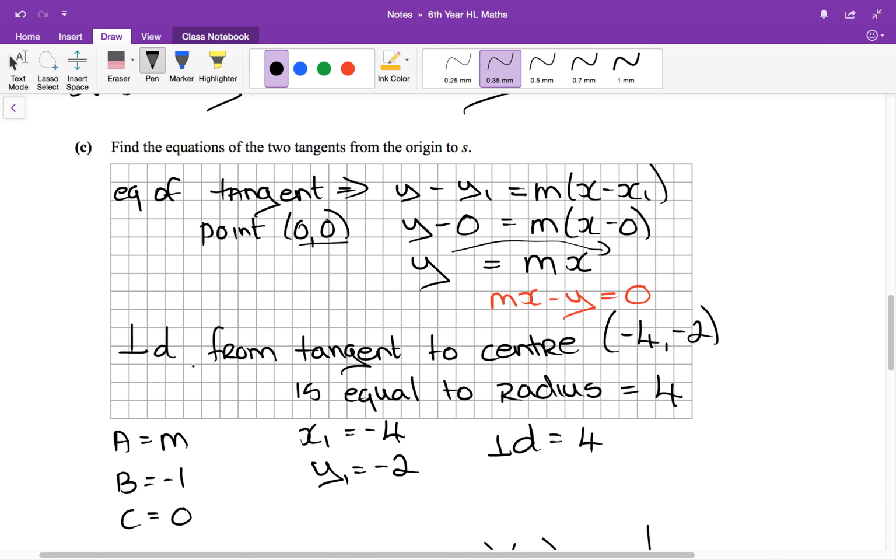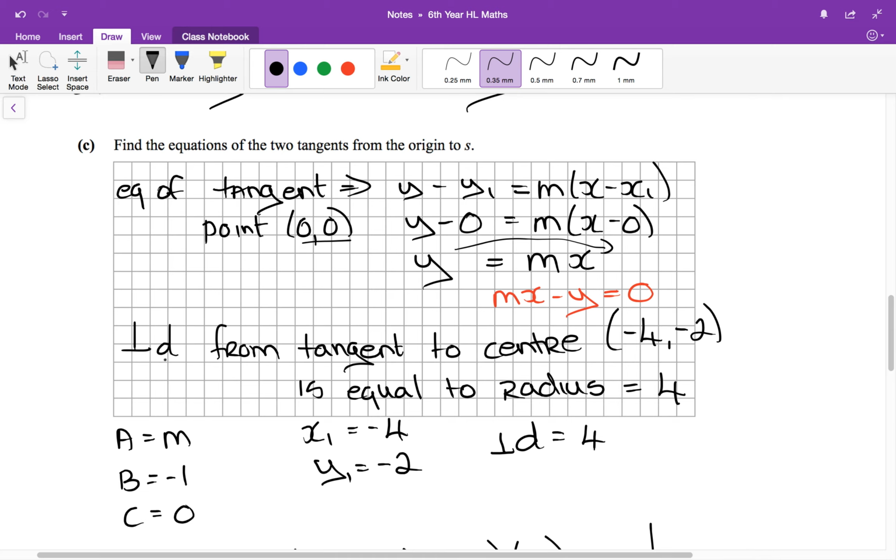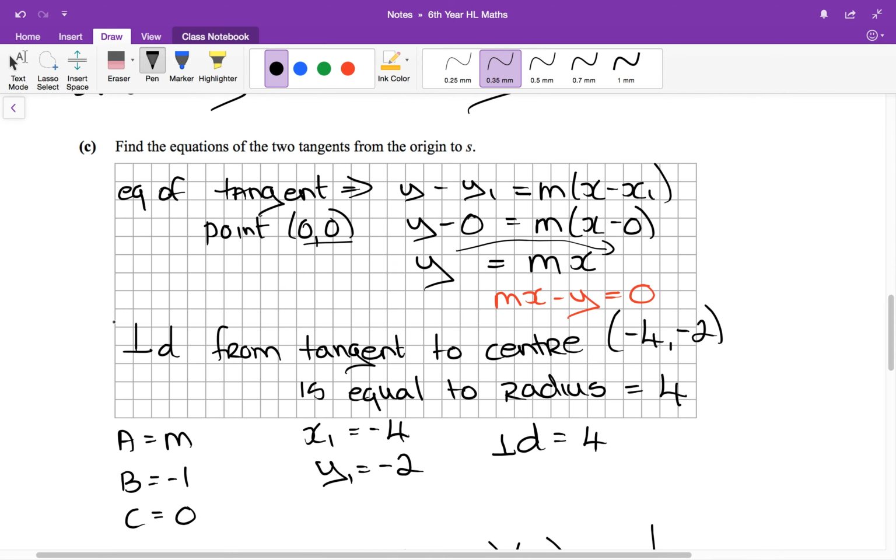What I said was, given it's a tangent, the perpendicular distance from the tangent to the centre of the circle, which we now know is -4, -2, has to be equal to the radius. That statement is always true for a tangent. So just apply the numbers that are concerned with this one.